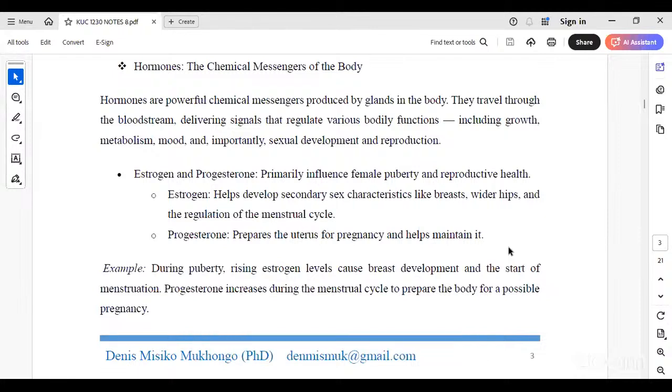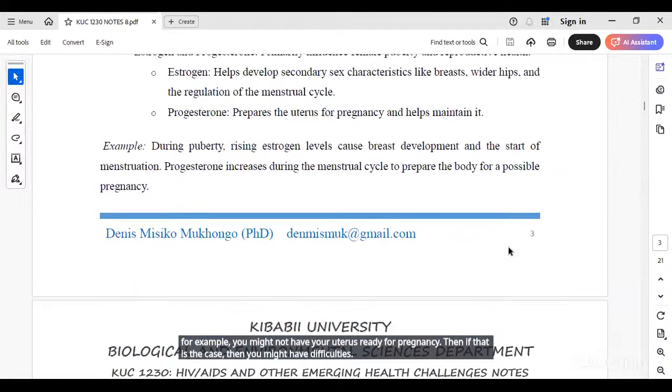So those two hormones, their levels will be important. But if you don't have enough of them, then you are likely not to have the features of a woman. If you don't have enough of the progesterone, for example, you might not have your uterus ready for pregnancy. Then you might have difficulties being pregnant.